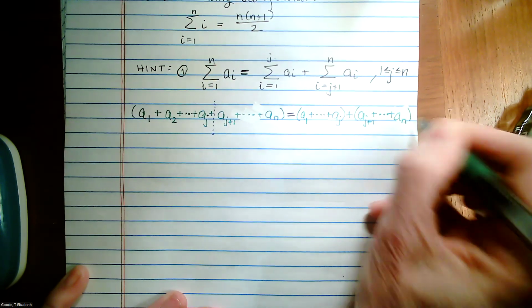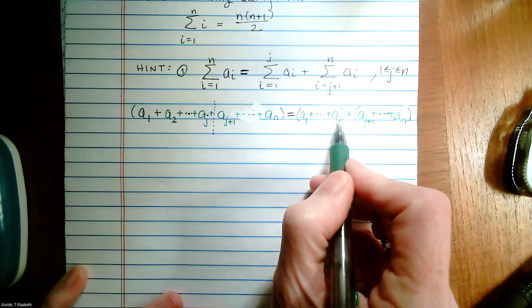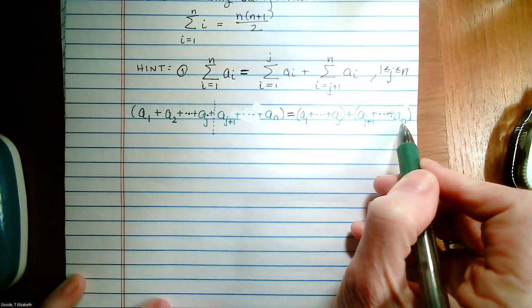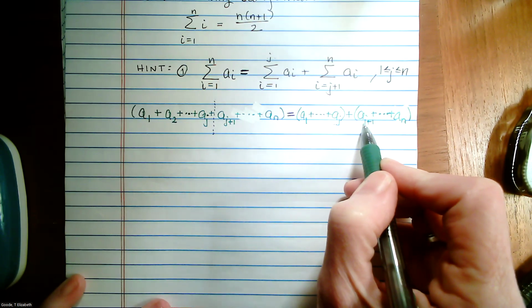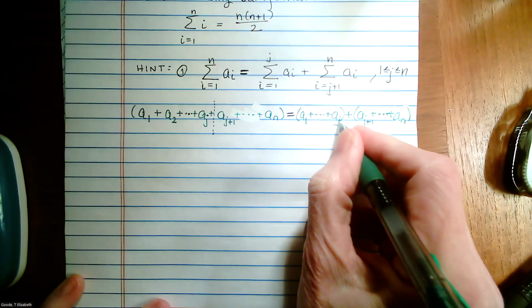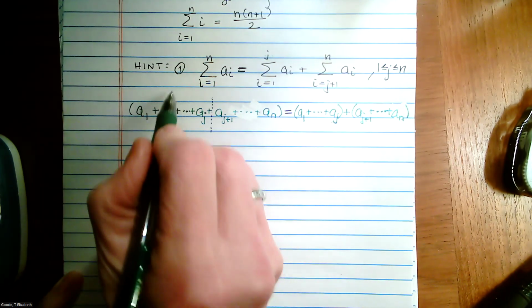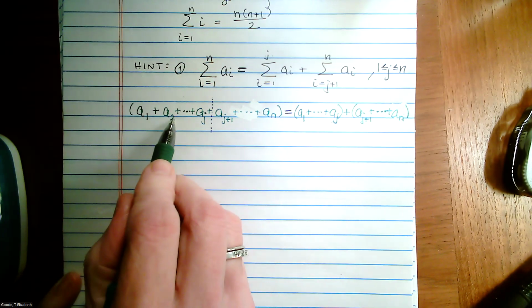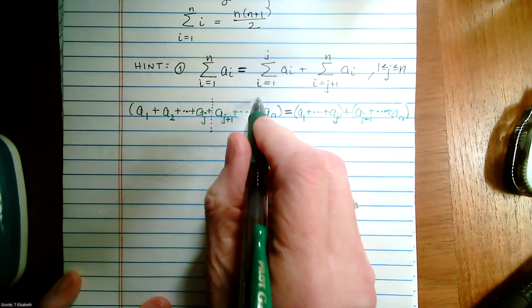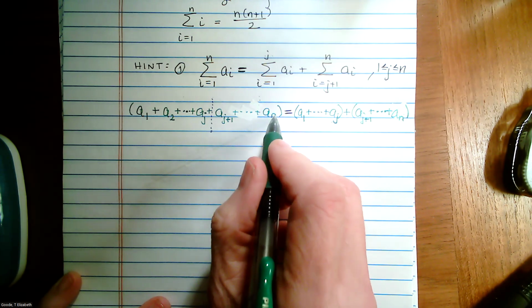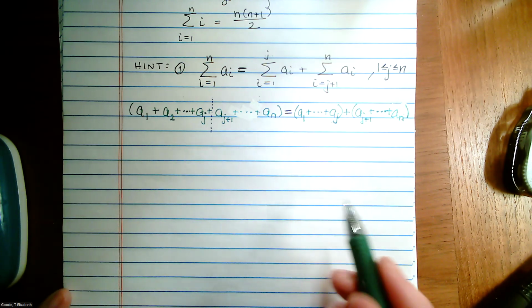So j could be 3, and n could be 15, and then j plus 1 would be 4. The point is you can split a sum up anywhere in here. You could have done it between a sub 2 and a sub 3, or between n minus 1 and n, as far as the indexing variables go.